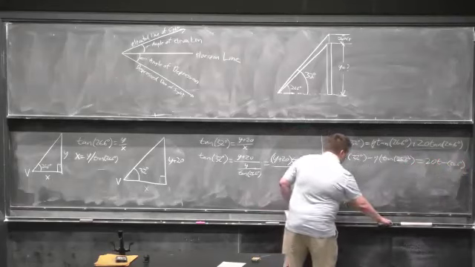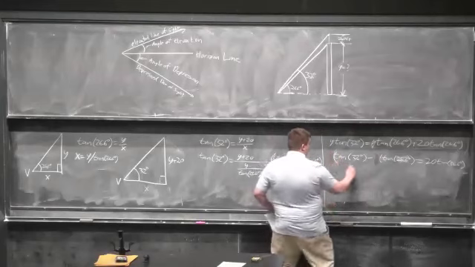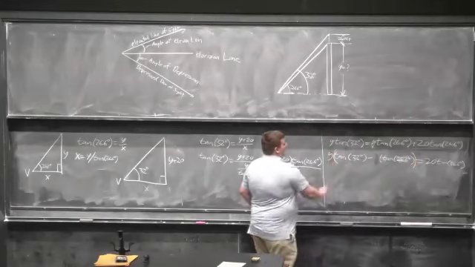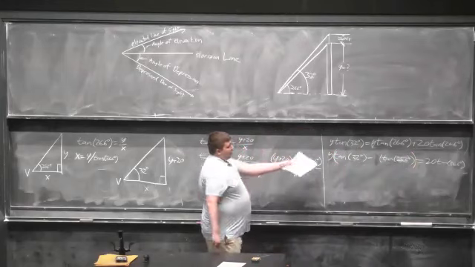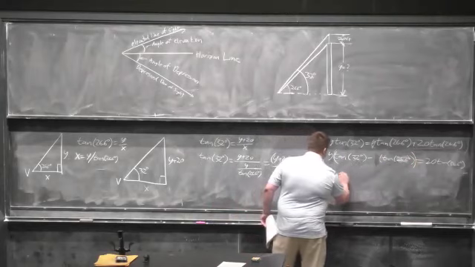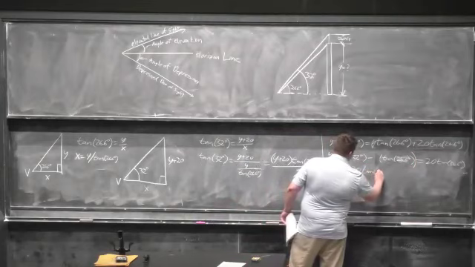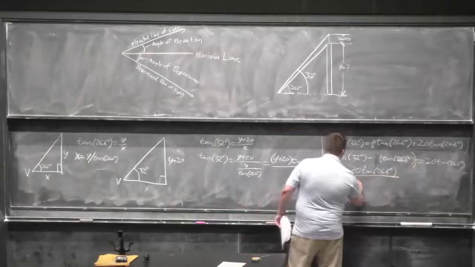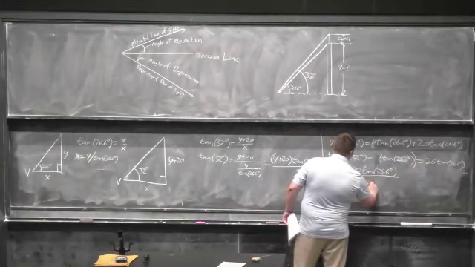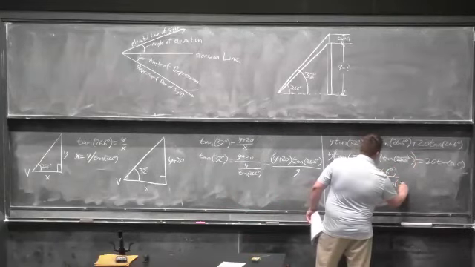We can factor out a y from here and here, making this a parenthesis, putting a y over there, and now we can divide by this tangent, and we get y is equal to 20 tangent of 26.6 degrees all over tangent of 32 degrees minus tangent of 26.6 degrees.